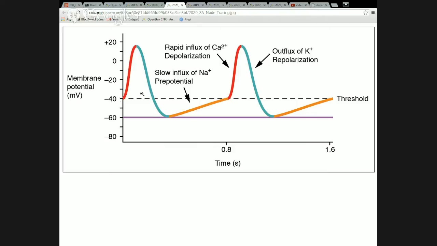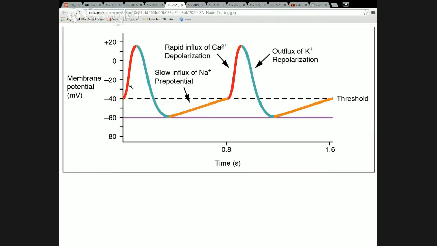So these cells automatically generate an action potential, and then they slowly get up to threshold to cause another action potential, and then slowly get up to threshold to cause another. These cells are always doing this.